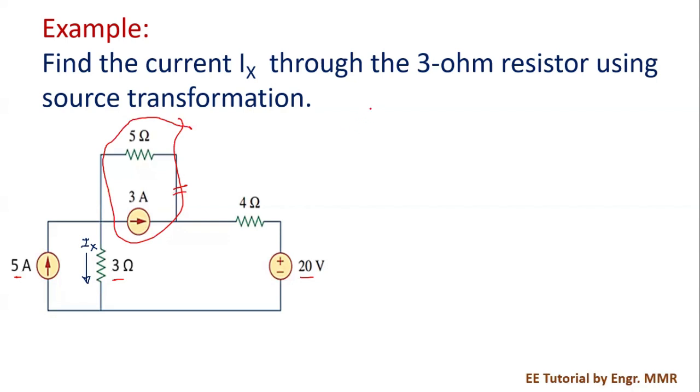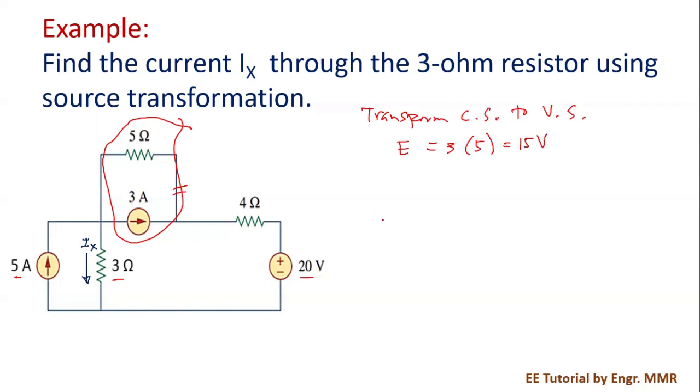So let's transform the current source to a voltage source, and then we will draw the equivalent circuit. So what is the voltage? Here, if we want to transform the current source into a voltage source, we simply multiply the 3 amperes and the 5 ohm resistor, and that will make the 15 volt source.